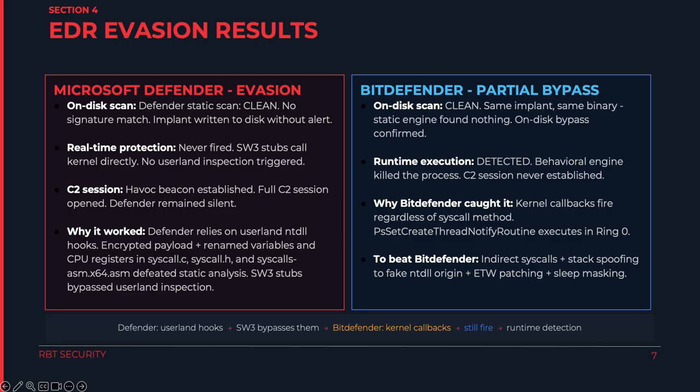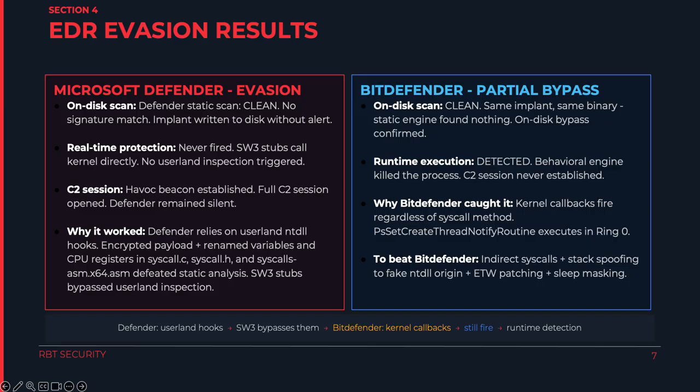Let's move on to the next slide, the EDR evasion results. Against Microsoft Defender, all three metrics are green, right? The static scan came back completely clean, no signature match. And when we executed, Microsoft Defender real-time protection never fired any alert against the Havoc session.